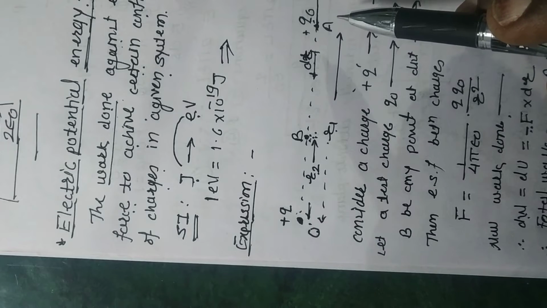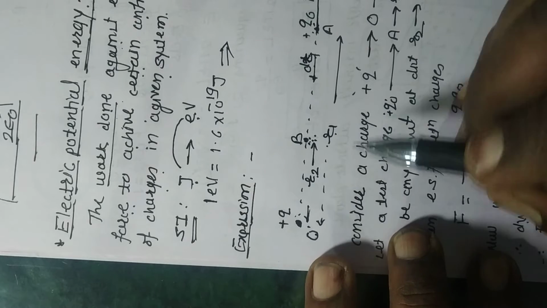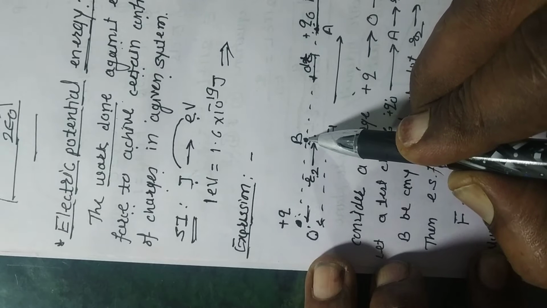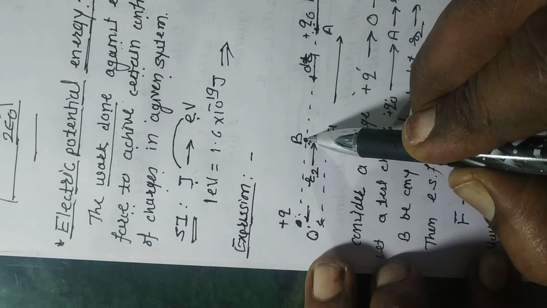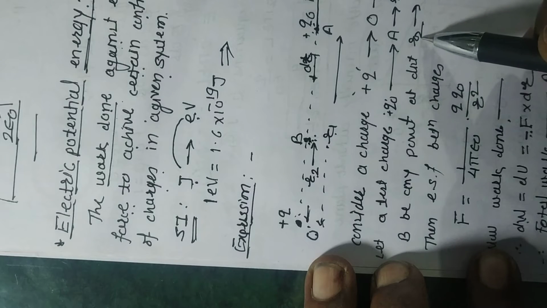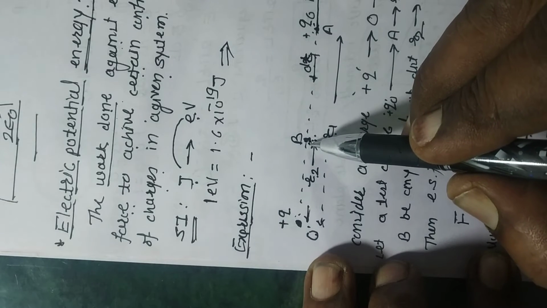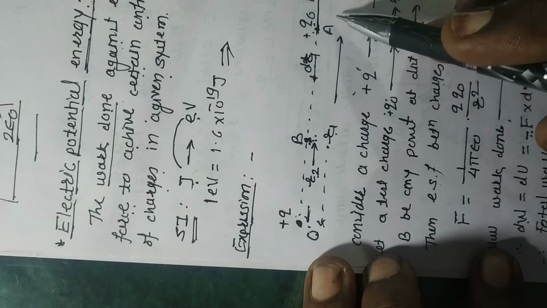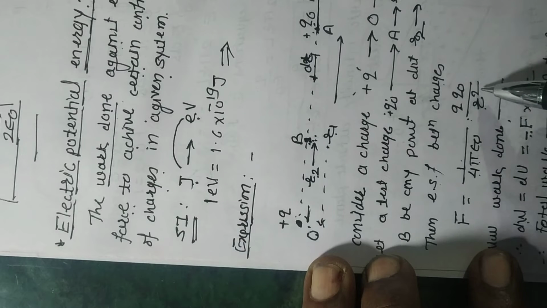Let a test charge Q naught be situated at A at distance R1 from O. Let B be any point along same line at distance R2 from O at which electric potential energy is to be determined. Then electrostatic force between these two charges F is equal to 1 divided by 4 pi epsilon into Q Q naught divided by R square.